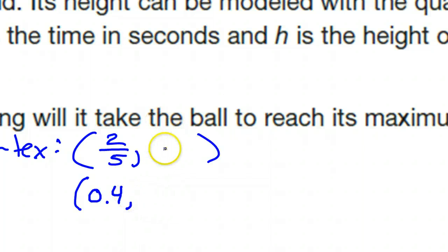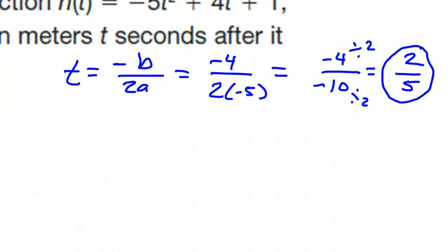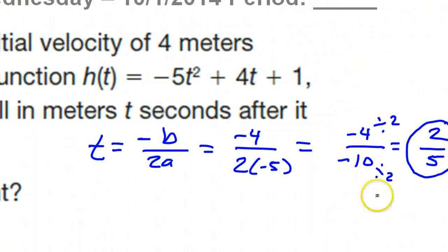Now, we need to find the y value that goes with it. So how will we do that? Basically, we need to take the x value and plug it in to find the y value. The easiest way to do that is to type the equation into the table feature of your calculator.